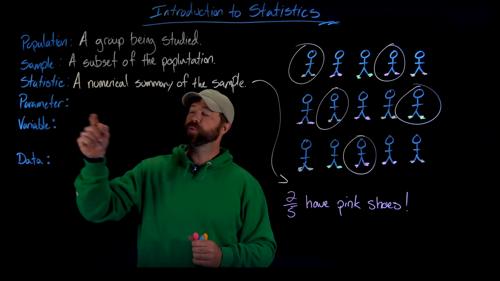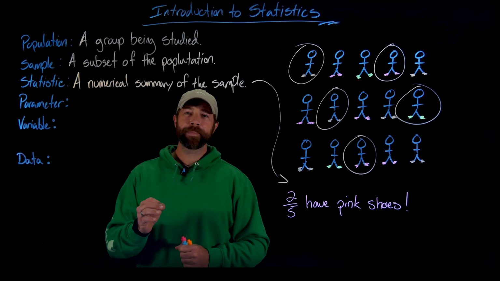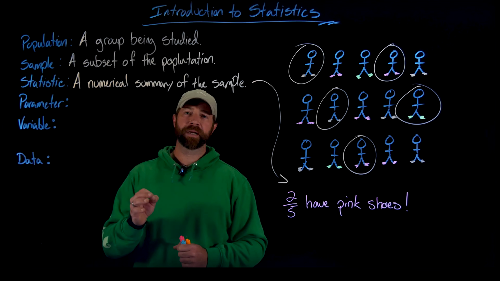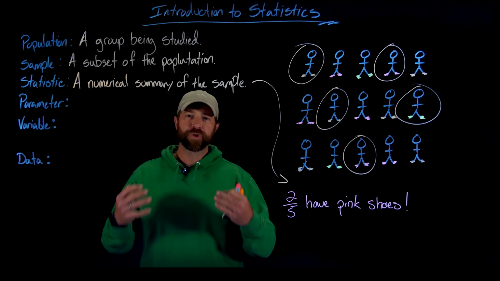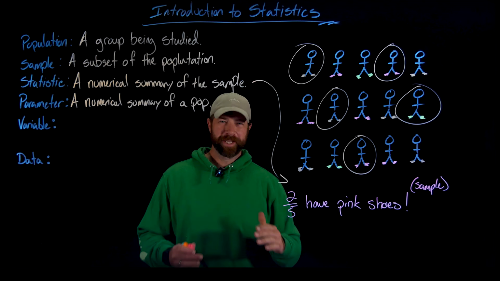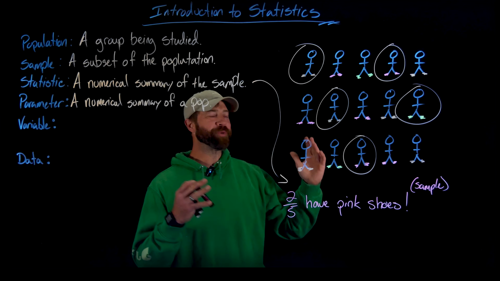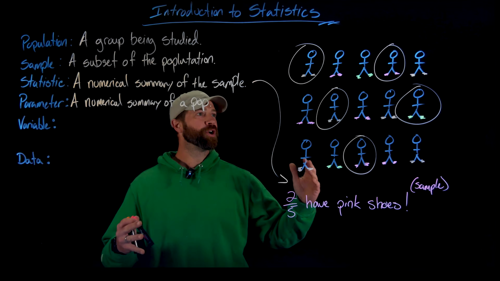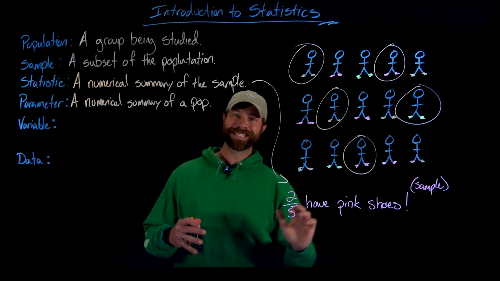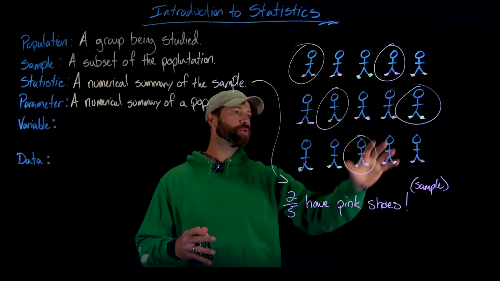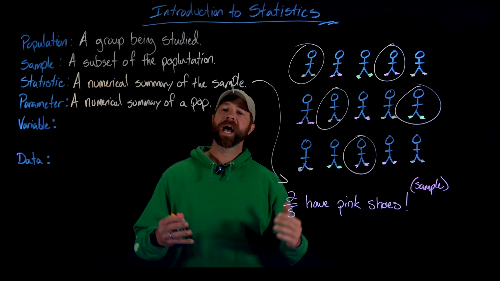And that's where the word parameter comes in. A parameter is a numerical summary or characteristic of the greater population. It's what we're getting at when we're doing statistics. And given that our population is so small here, we have all our information in front of us, we can see that we have 1, 2, 3, 4, 5, 6 individuals out of the greater set of 15 that have pink shoes.